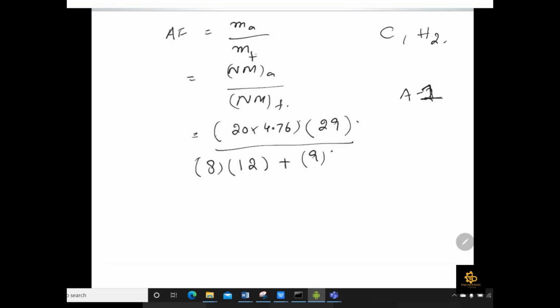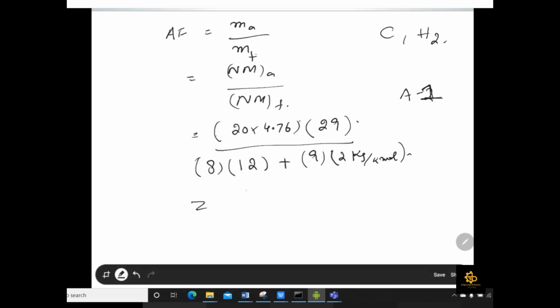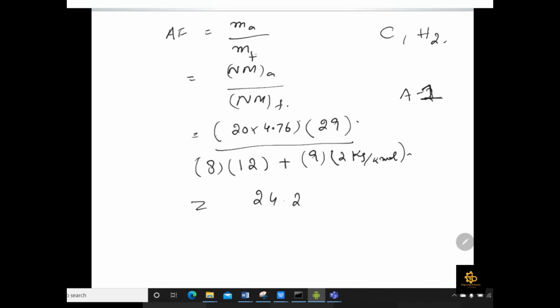Then it will be 2 kg per kilomole of H2. If you solve this, you will get 24.2 kilogram of air divided by kilogram of fuel.